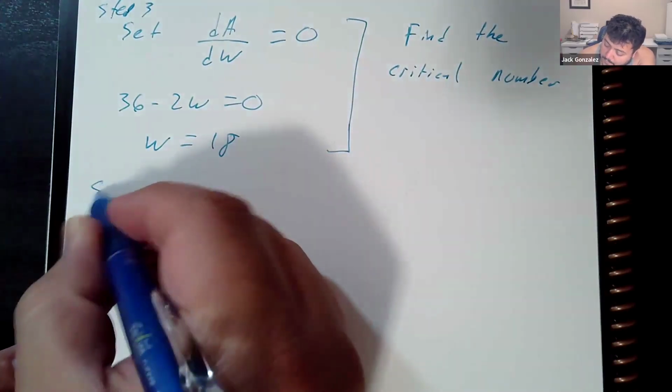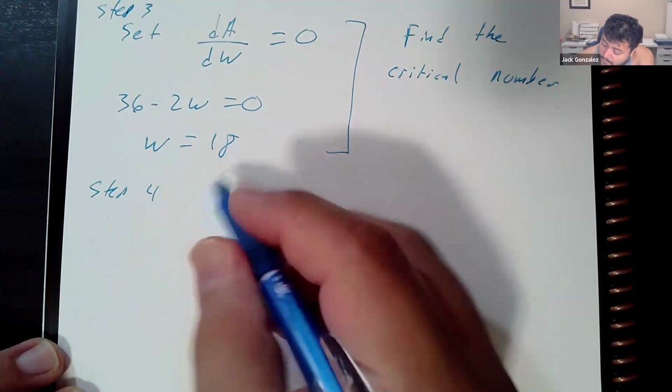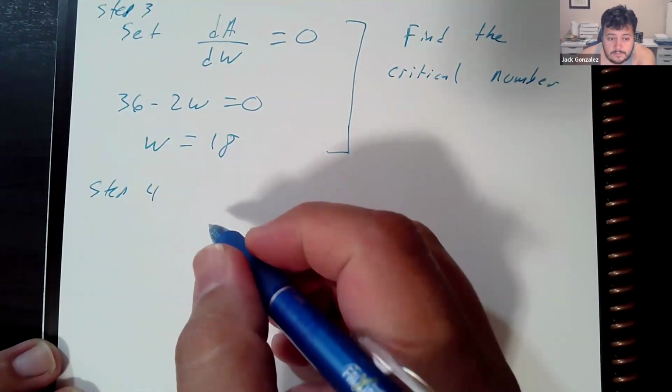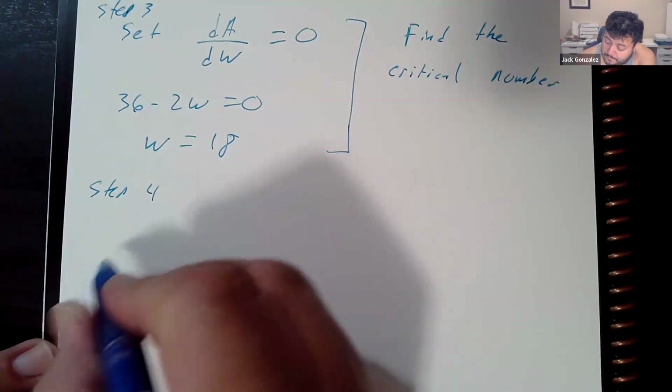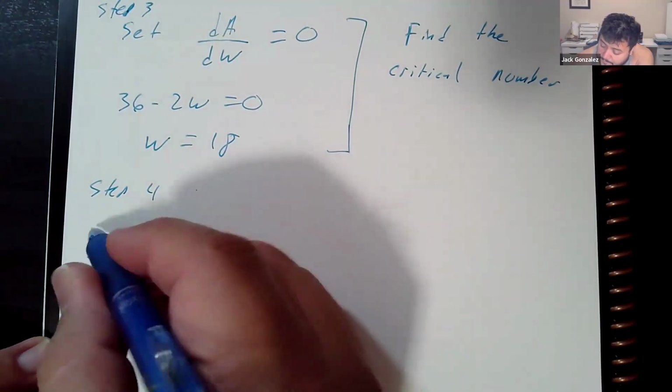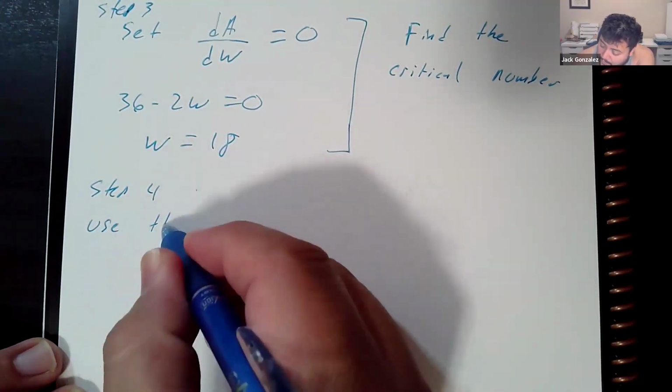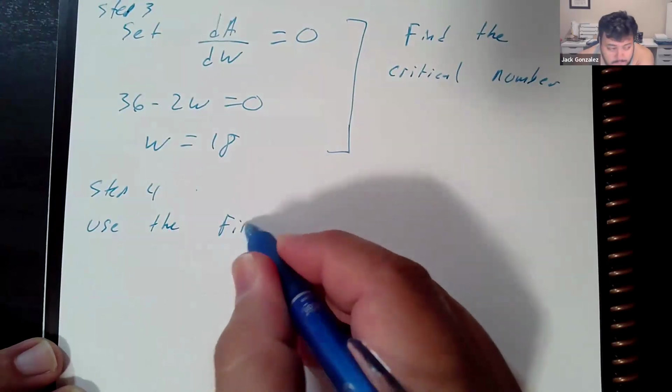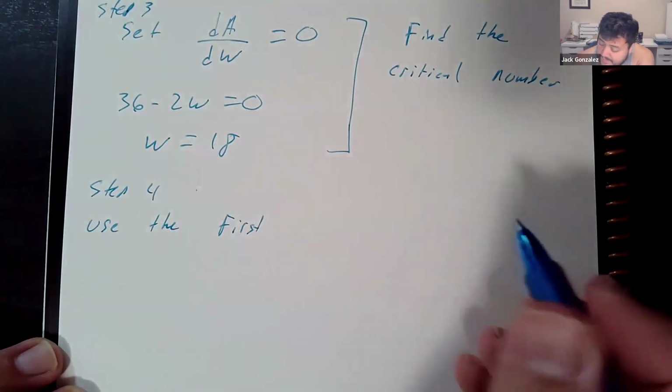We call this step 3. Step 4, determine if it's a max or min. So use the first derivative test, or the second, doesn't matter.